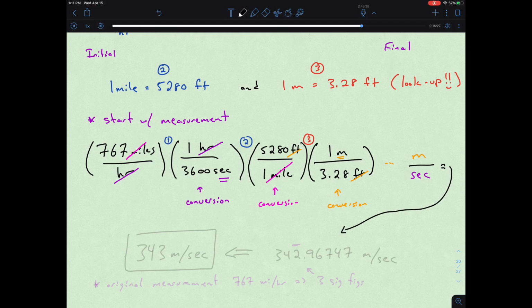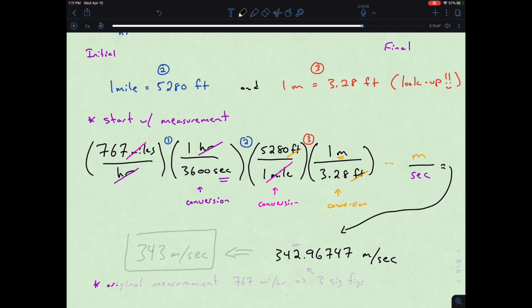So if we calculate that out, we get a value of 342.96747. Again, I'm sure it goes on. Meters per second.